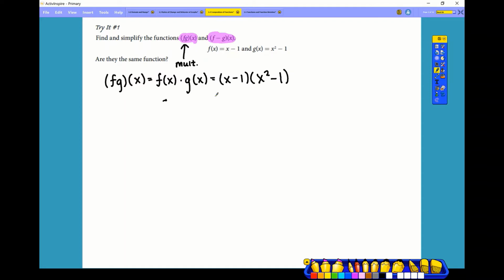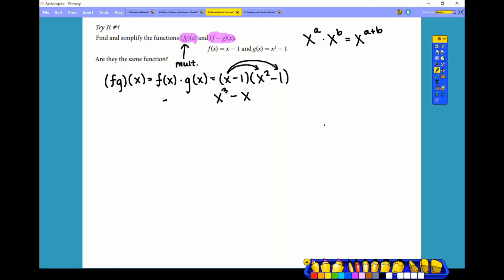Now we're going to distribute. Suppose I could do this just as a quick reminder. Remember, first, outer, so x times x squared is x cubed. You just add the exponents, right? x to the a times x to the b equals x to the a plus b. That's the rule.